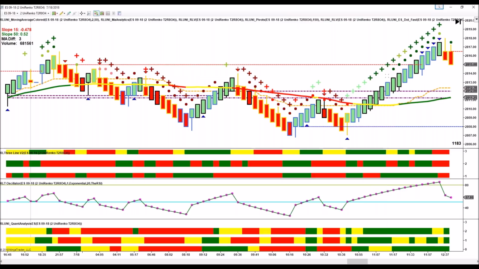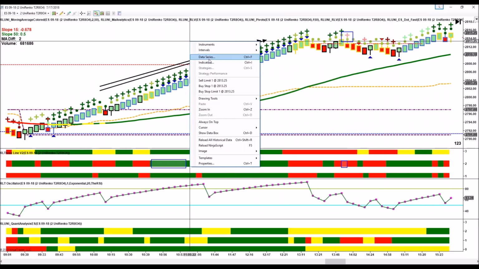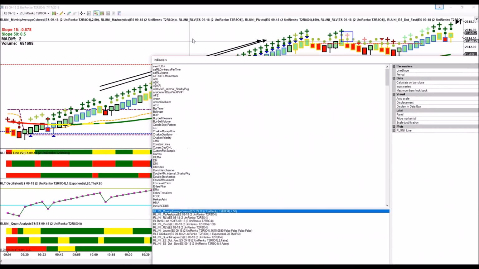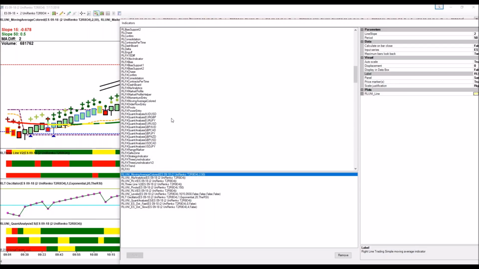Looking at a moving average is much better. So those are the dots, and that's what all of the dots do. That's why we have to make separate dots for each market, because you can't use the YM dots on the E-mini, and you can't use the NASDAQ dots on the E-mini. So that's why it takes us a while to build out each workspace. So those are the dots.